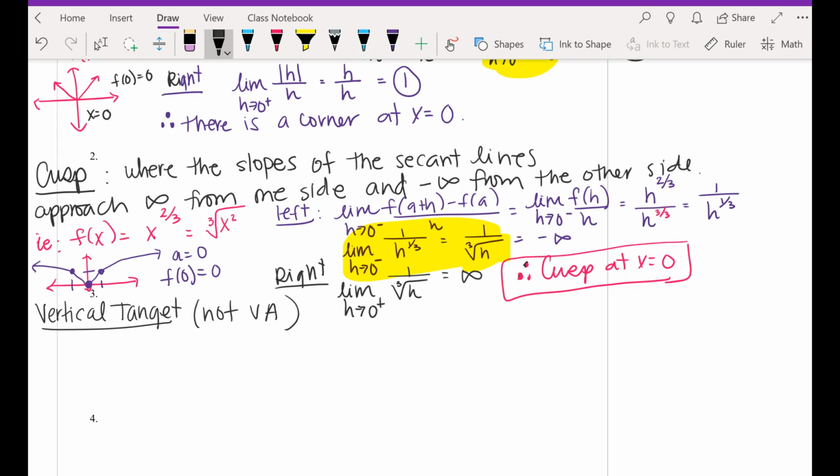Okay. So when would you get it? By definition. You're going to have vertical tangents. Okay.